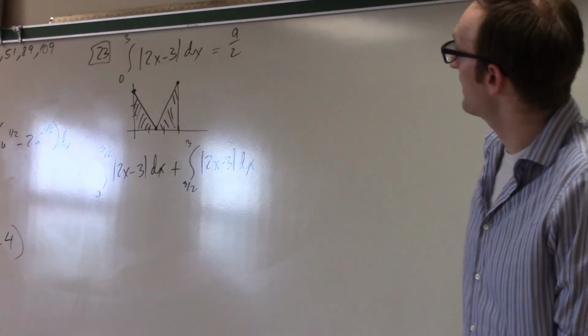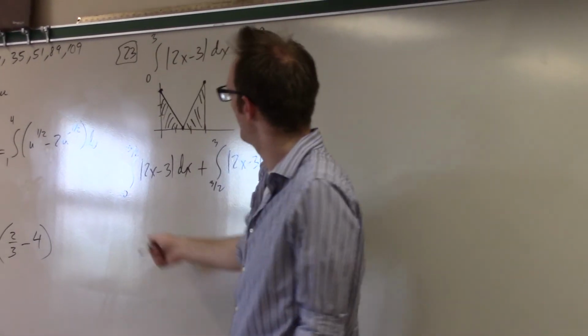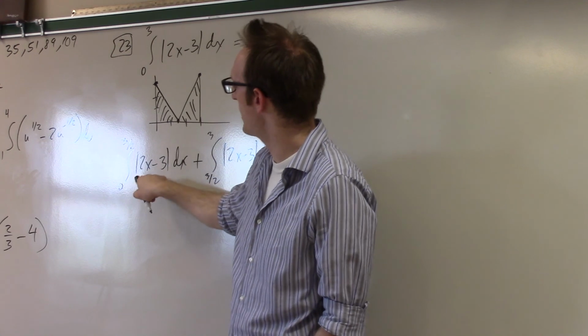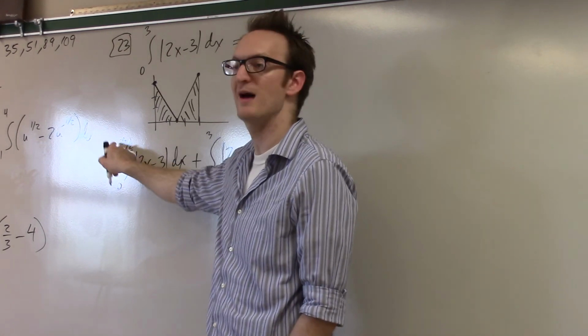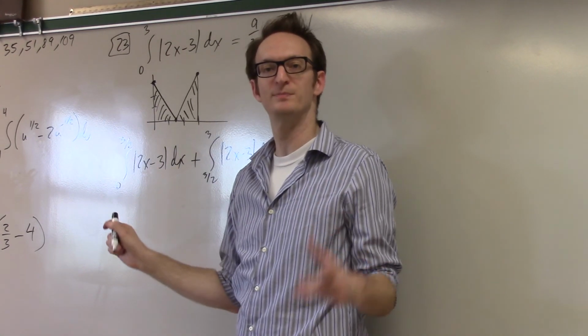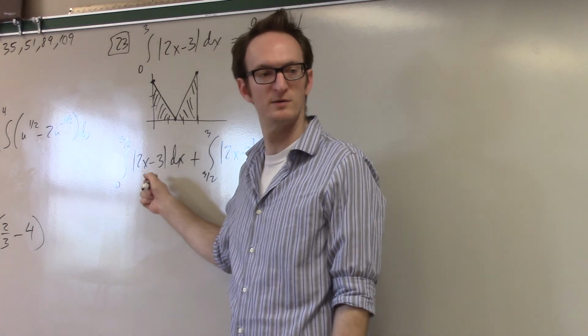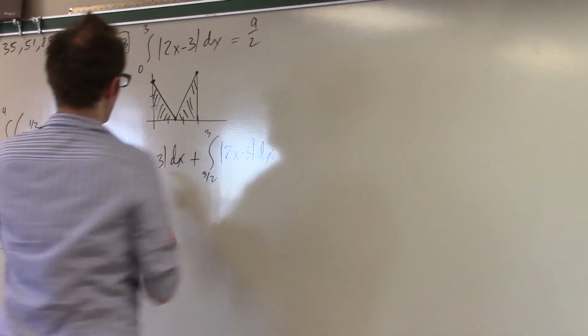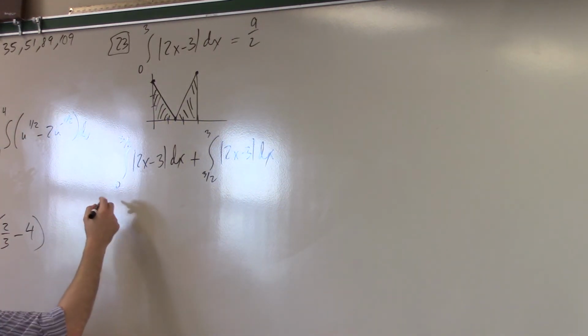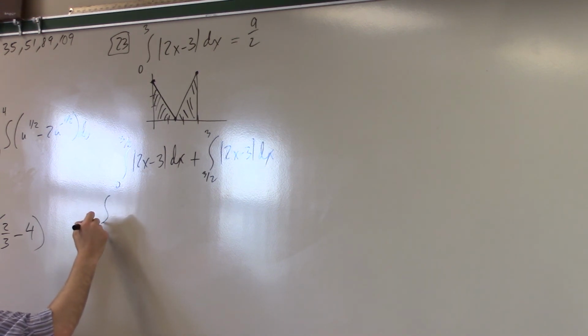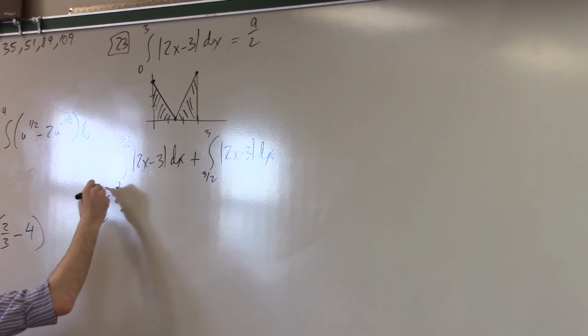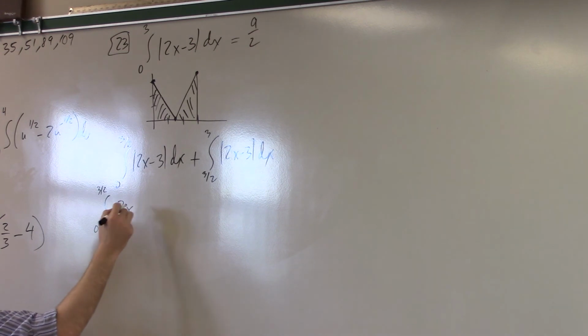Then observe what 2x minus 3 is on the interval from 0 to 3 halves. It's negative, right? So thus what I really need to do is integrate from 0 to 3 halves of negative 2x plus 3.